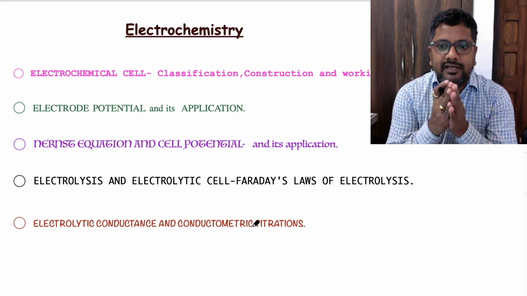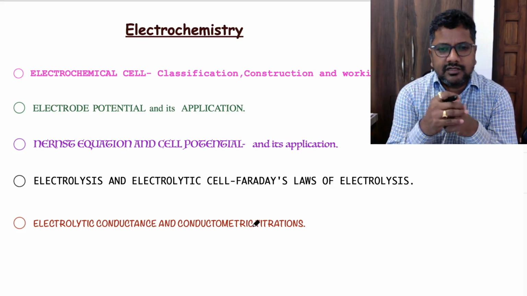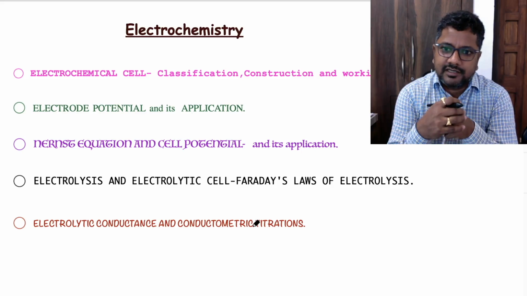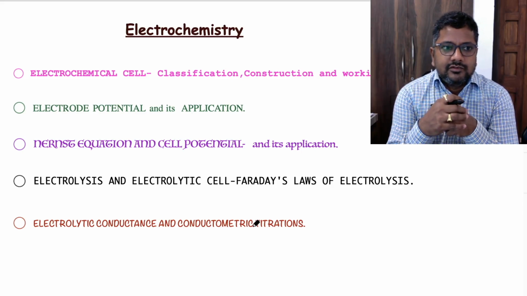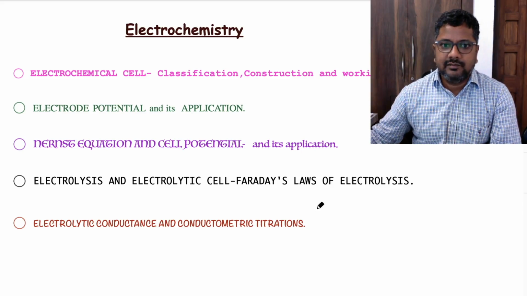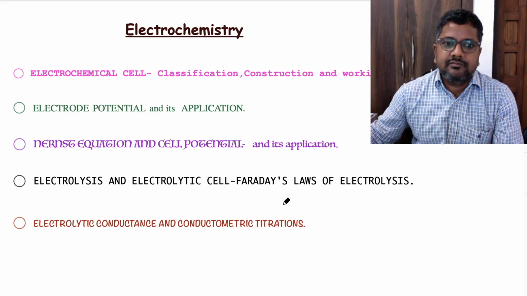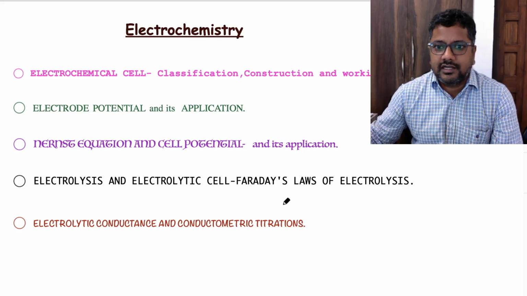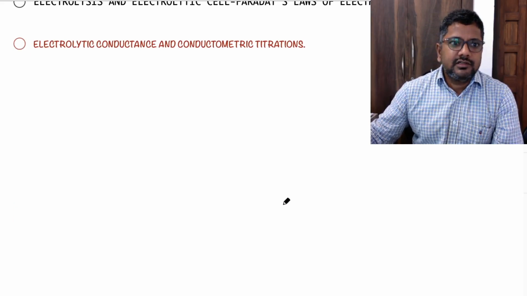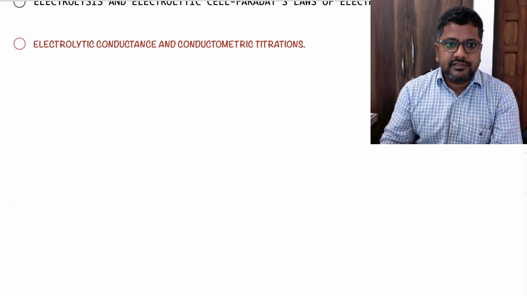These are the major parts of this chapter, and within these major headings we have some small headings as well. Before starting the first part, electrochemical cell classification and construction, I would like to give a little introduction.